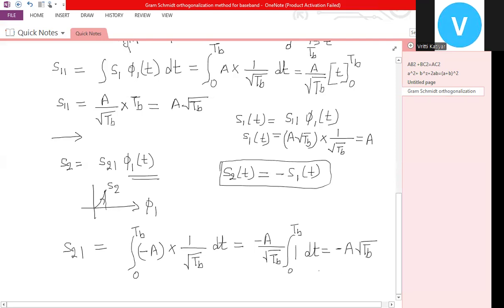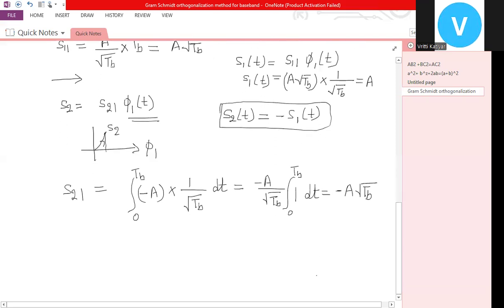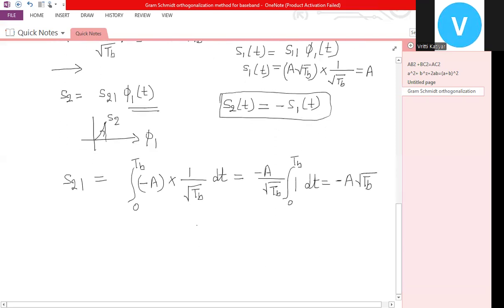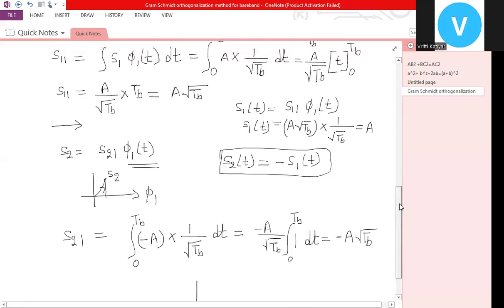So what we concluded from so much calculation is that S21 and S11 have both come, and they both are projecting on the orthonormal basis function phi 1(t). S21 has the value on the phi axis of minus A root Tb, and S11 has magnitude plus A root Tb, as we have calculated before.